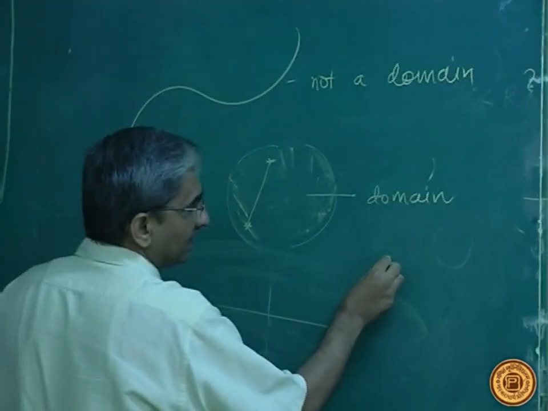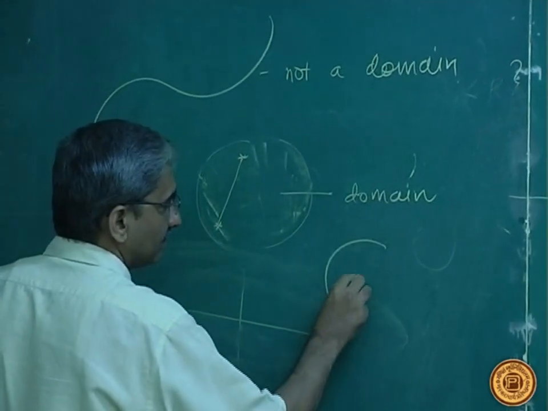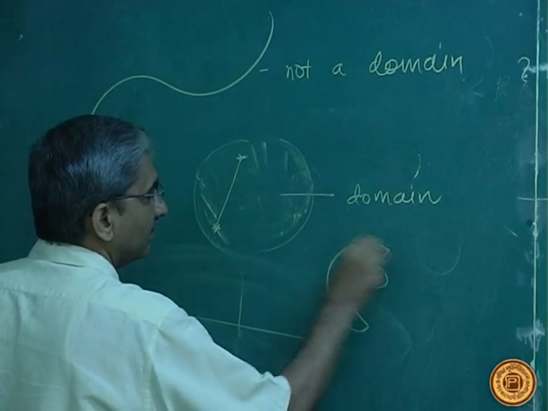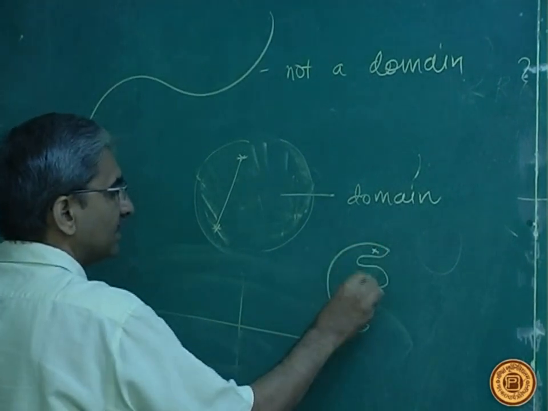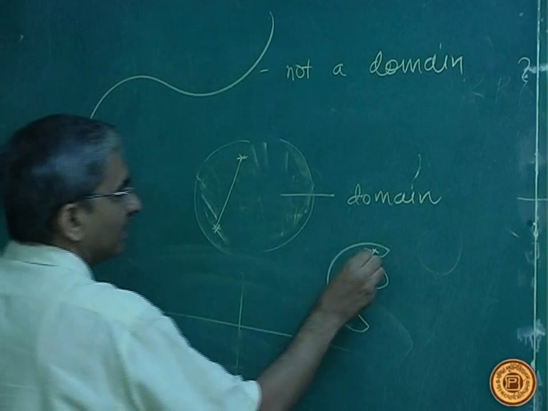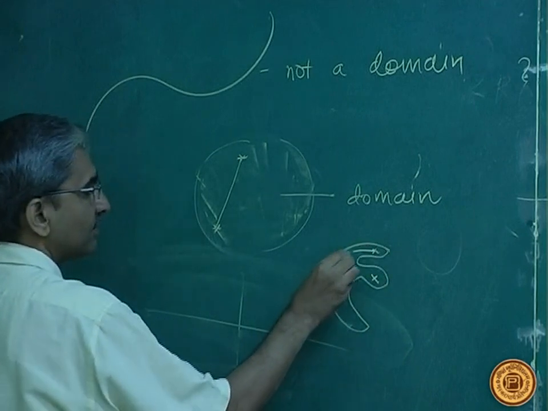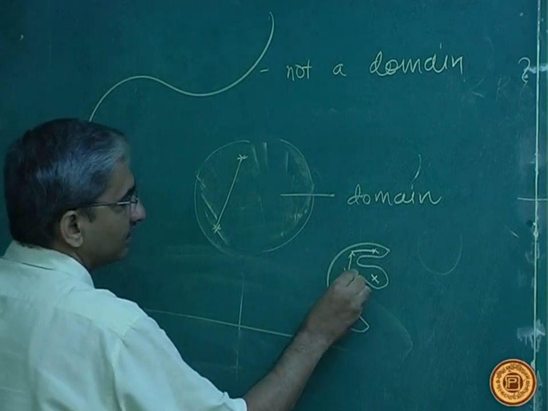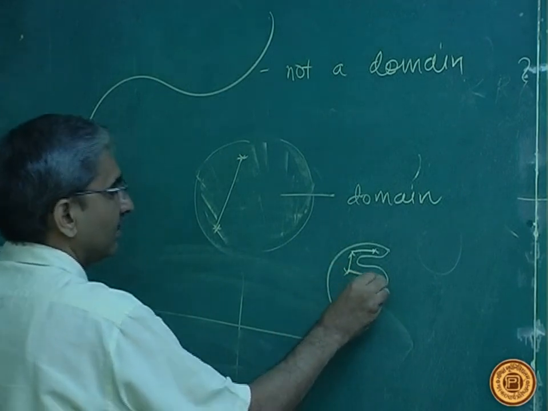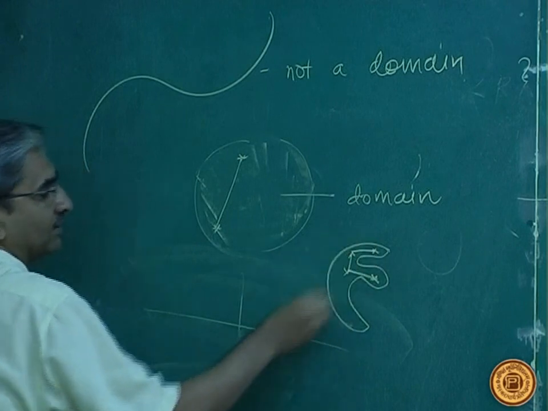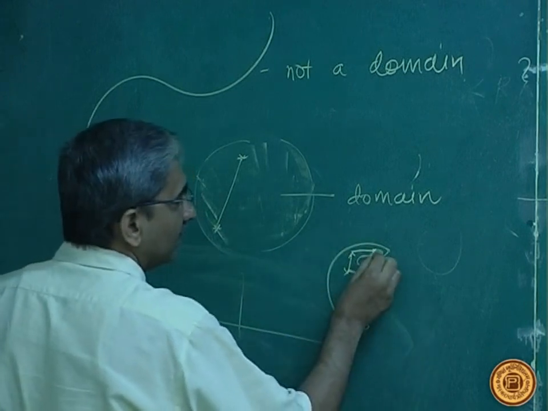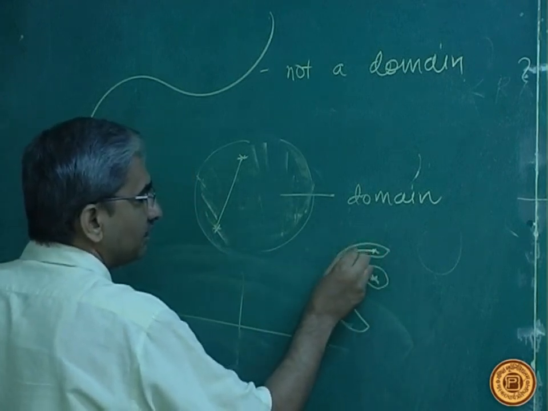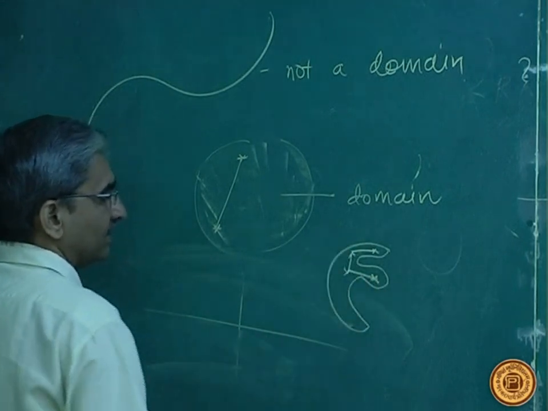But if I have a set like this, and I want to join this point with this point, then maybe I have to first go like this, then come here, then go to this point and then join this point.